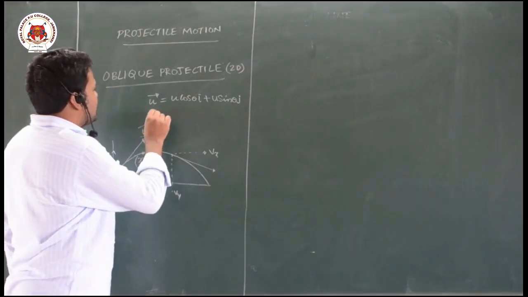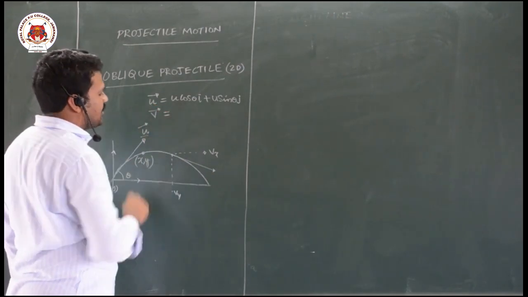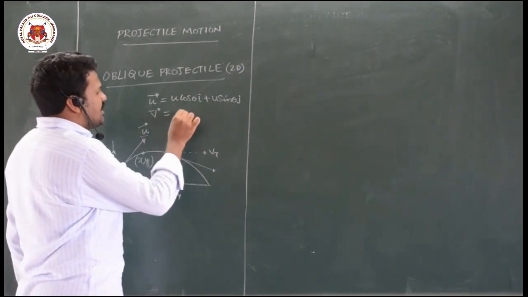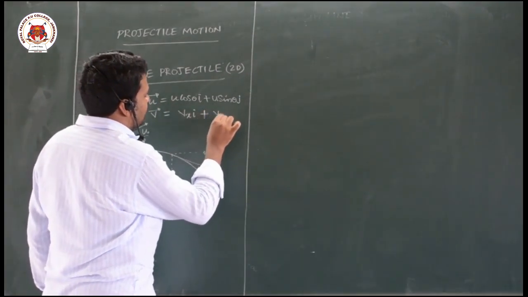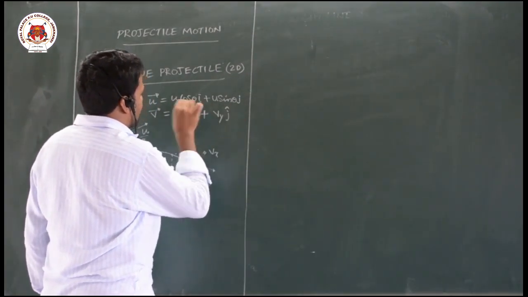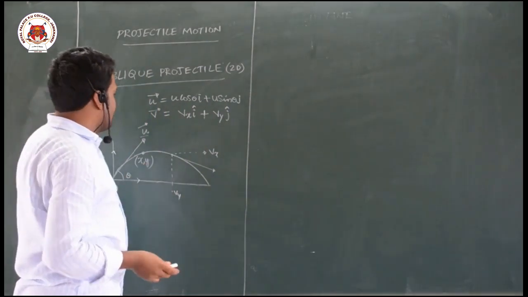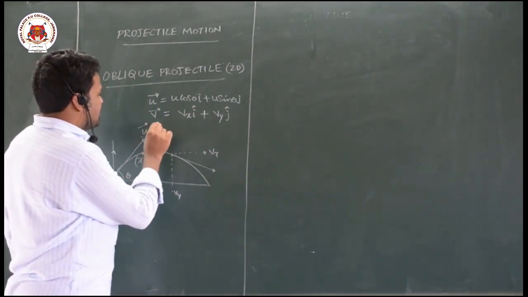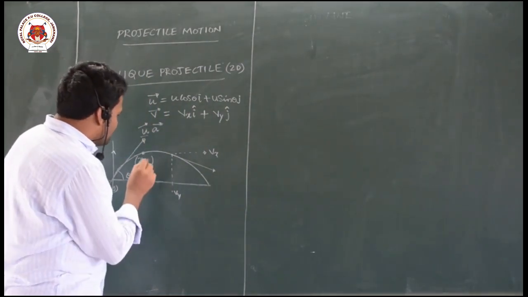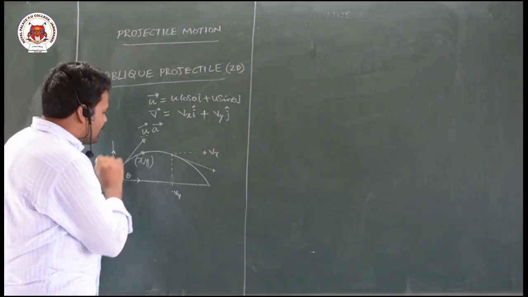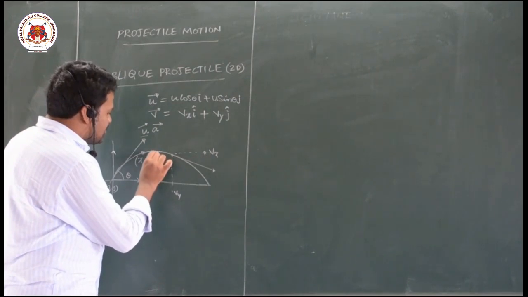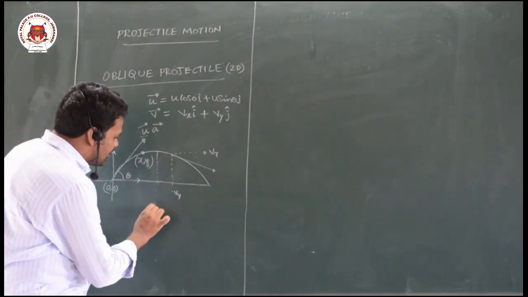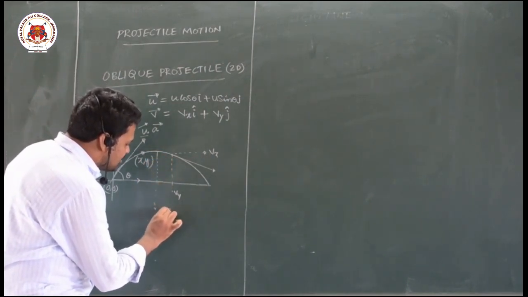That means the final velocity vector will have two components: Vx along the x axis, Vx i cap, and Vy along the j axis. Similarly, the acceleration. The projectile is moving under the influence of gravity. Acceleration is directed only towards the center of the earth, that is minus g j cap.